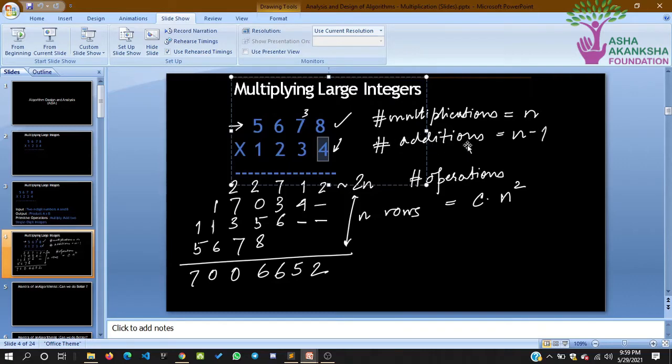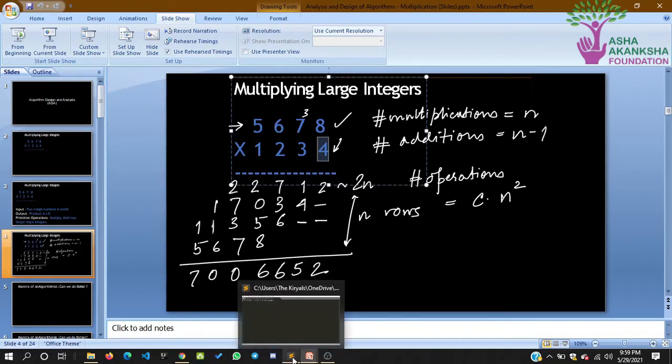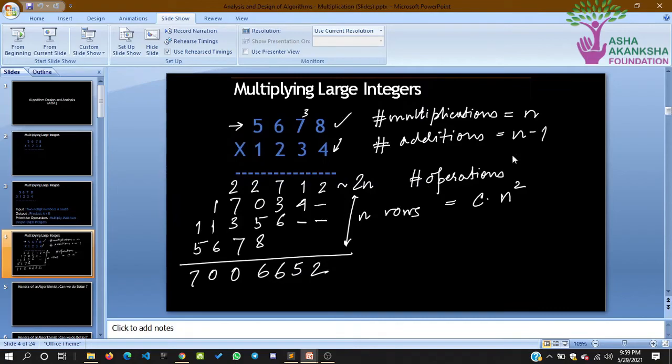Now for all the n numbers, there will be n into n minus 1 additions, that is n square minus n additions, and there are n multiplications.